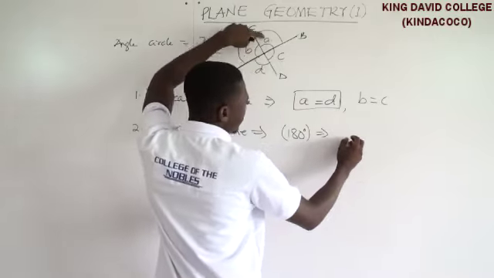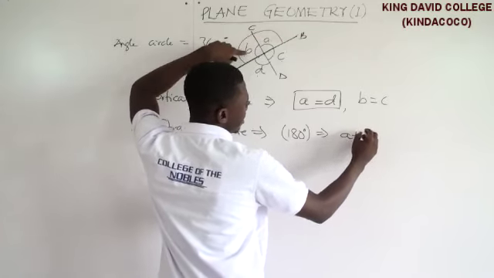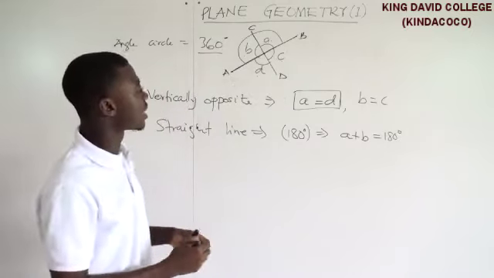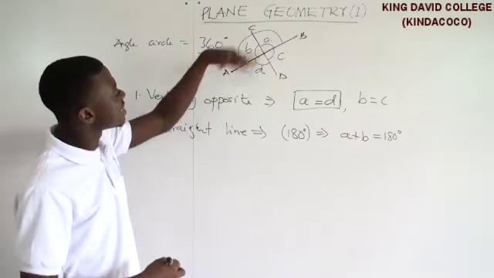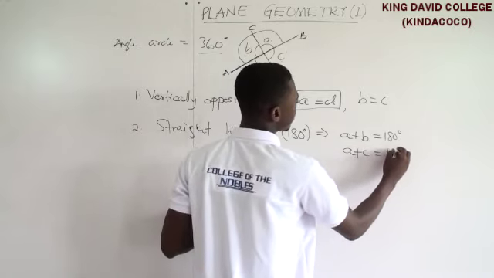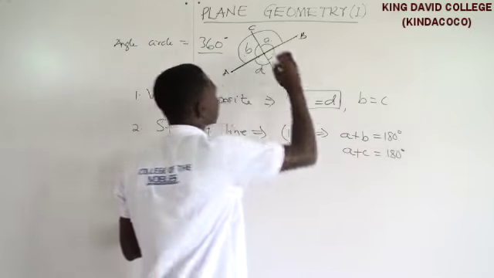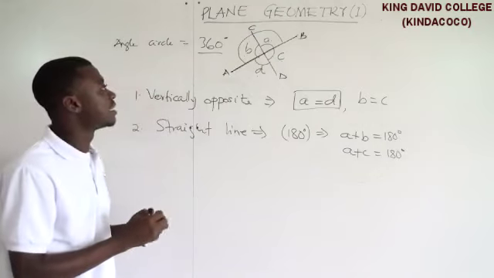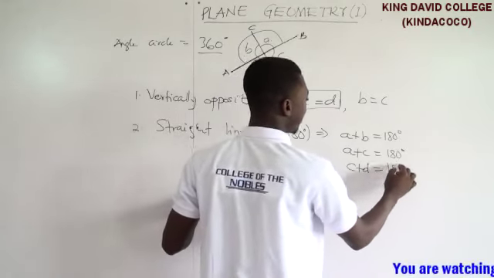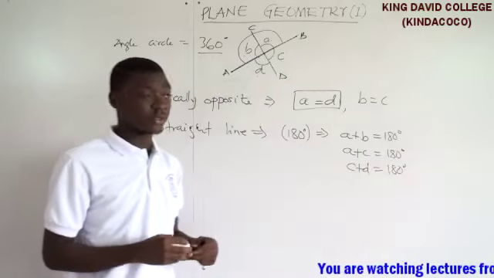we can say that angle A plus B should be equal to 180 degrees. In the same way, angle A plus C should also be equal to 180 degrees, because we are also on this line. The same way, C plus D should also be 180 degrees.